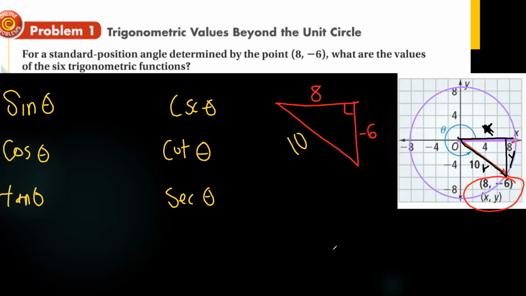Now, where's the angle? You need to find where's the angle. Here they told me that this is my angle, theta here. So, what does it mean?